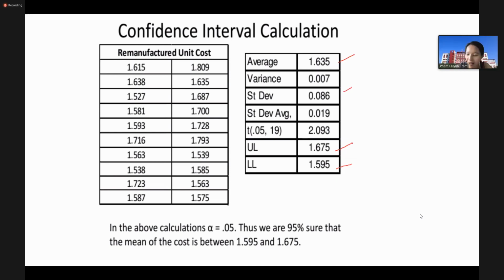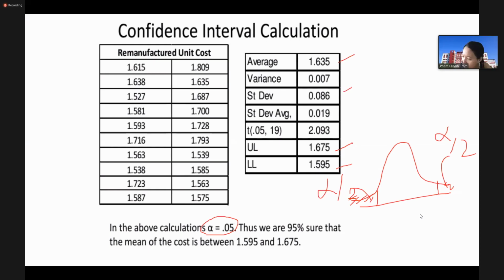So with alpha equal to 0.05, our confidence level would be 95%. This is our alpha, this is alpha over 2. Alpha is the rejection region, the probability of rejection.